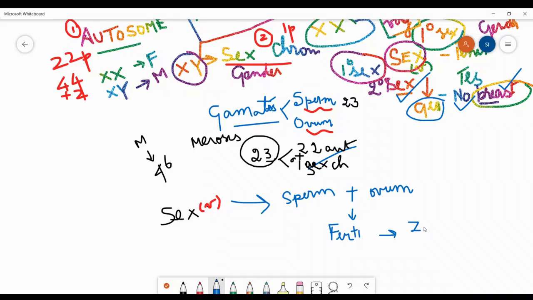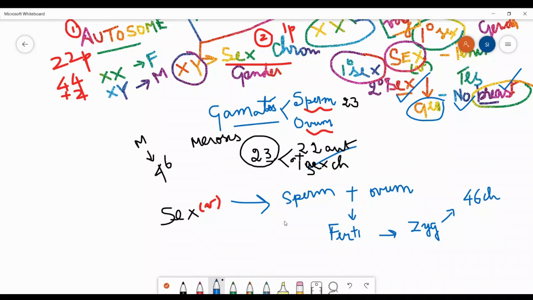Zygote, the early embryo stage is called zygote, and this zygote contains, as a new human being, again 46 chromosomes.